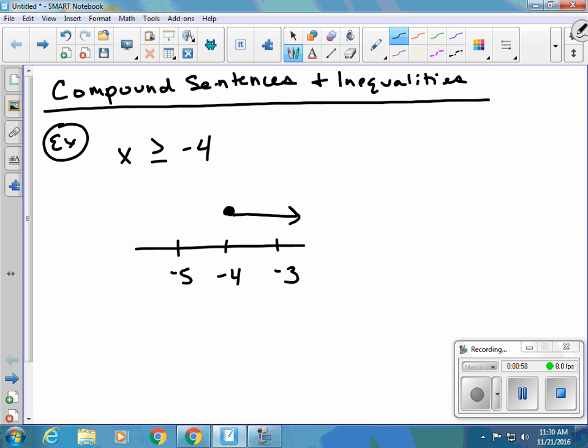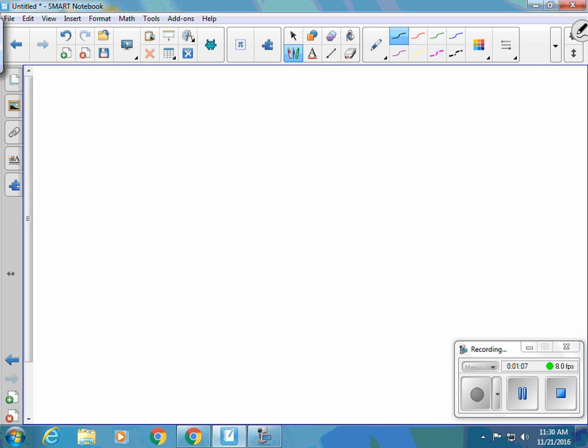With that being said, a compound sentence is going to have two different inequalities in one. We have what's called an and statement and an or statement. We'll look at the and statement first. An and statement is an intersection.